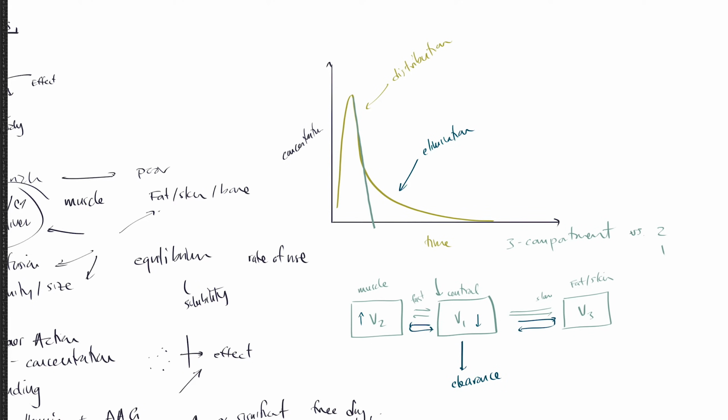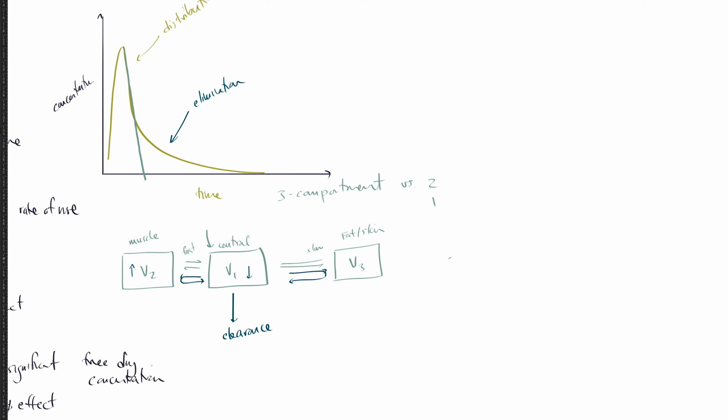Every single tissue is going to have a slightly different equilibration and a slightly different speed at which they equilibrate with the tissues. So one thing that comes up regularly is the volume of distribution in pharmacology. And so volume of distribution initially assumes a 1-compartment model, so just V1.